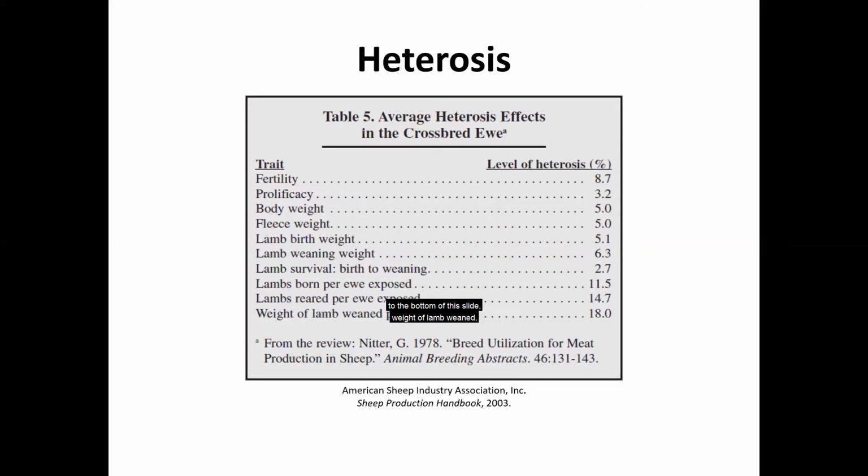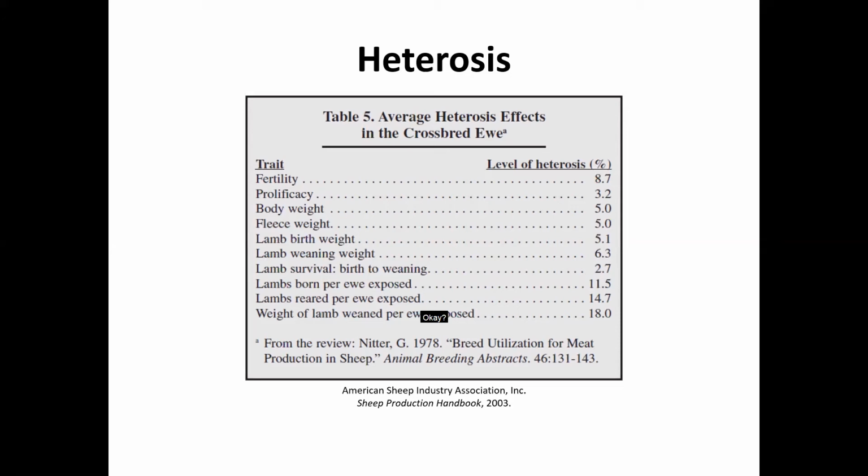In other words, what percentage boost does that purple portion give above and beyond the green? And if you direct your attention down to the bottom of this slide, weight of lamb weaned per ewe exposed, which includes all the traits above it, or most of them, the average heterosis effect in the crossbred ewe is 18% greater than the average of its parents.